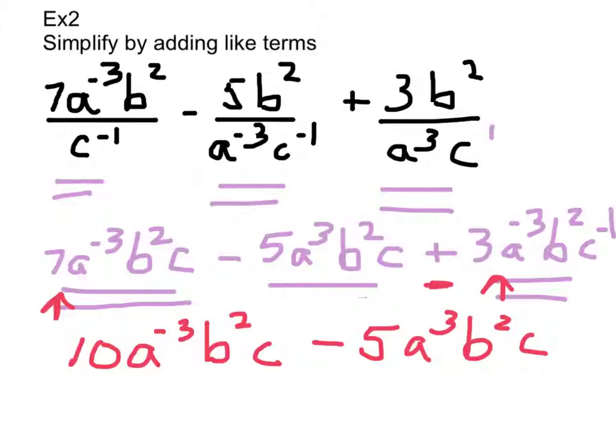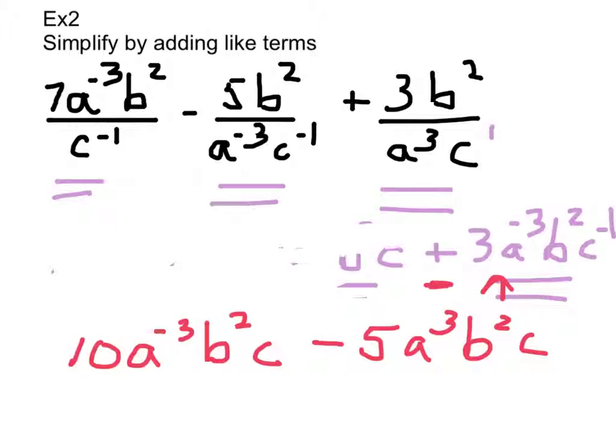So, remember, if they want you to write it with all positive exponents, let me erase part of this. Remember what you would have to do to that a to the negative 3. So if they want you to write the final answer with all positive exponents, what I would do is drop this down.